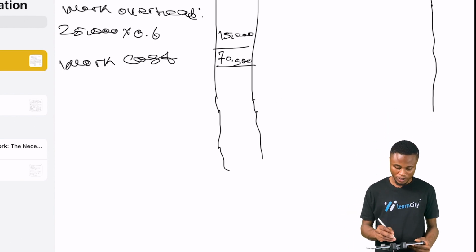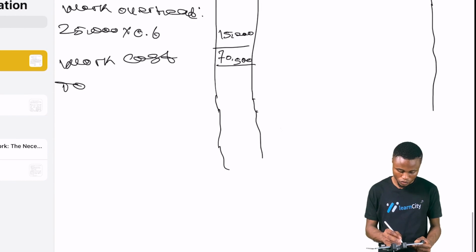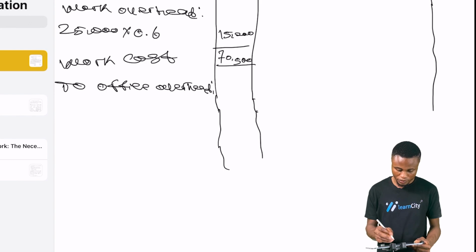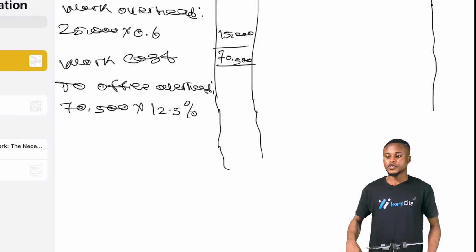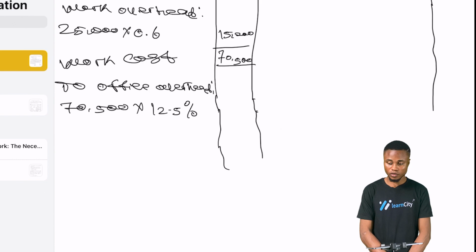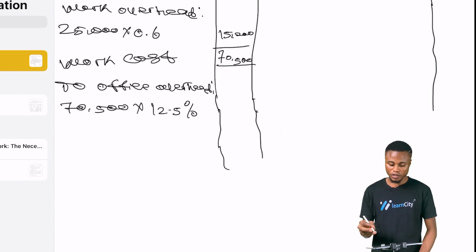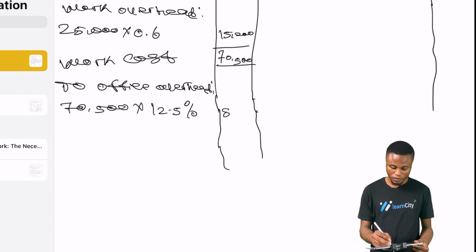So for office overhead now, to office overhead, 70,500 multiplied by 12.5%. If we do this on our calculator, we are going to get $8,812.